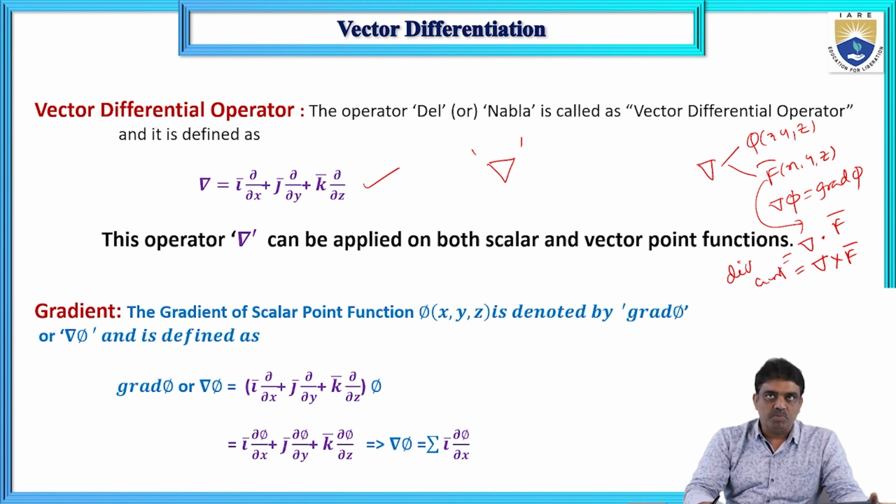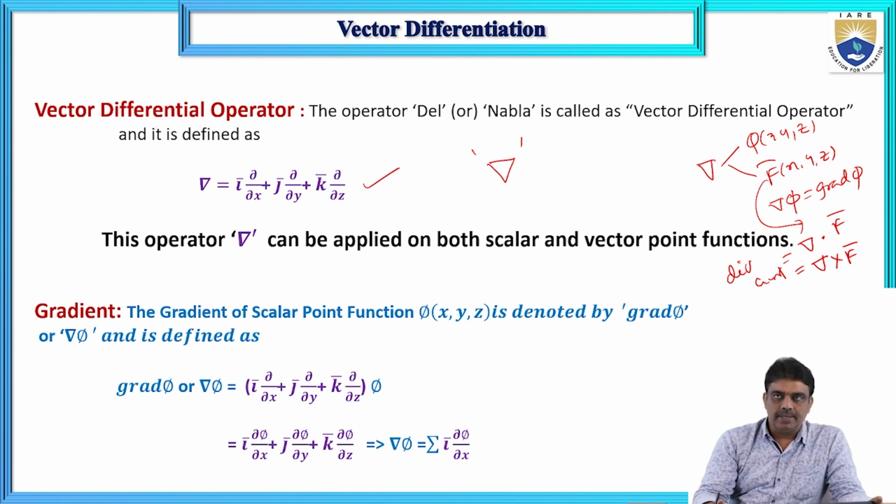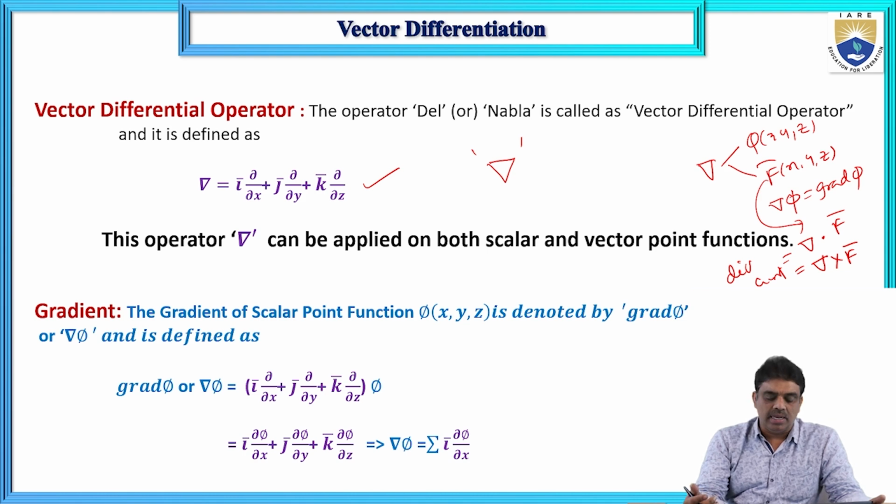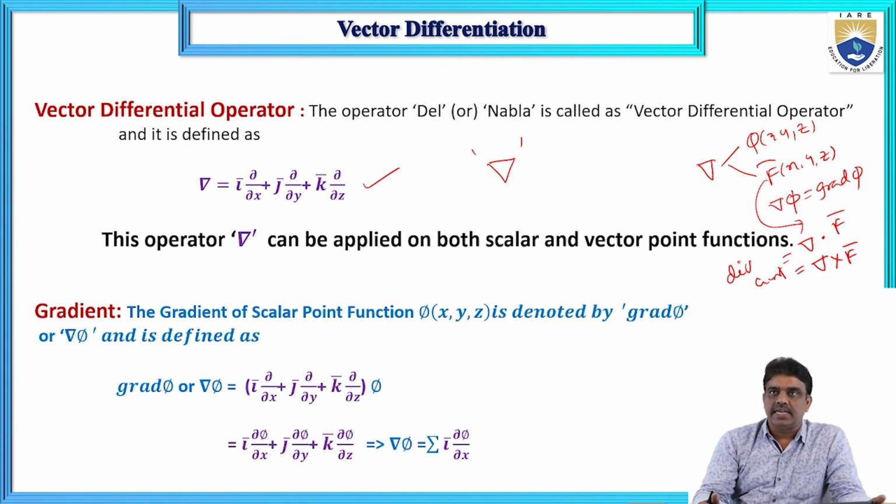In this vector differentiation, we have three topics: gradient, divergence, and curl. We study how to operate on different functions, vector and scalar, using the del operator. Del is called the differential operator.